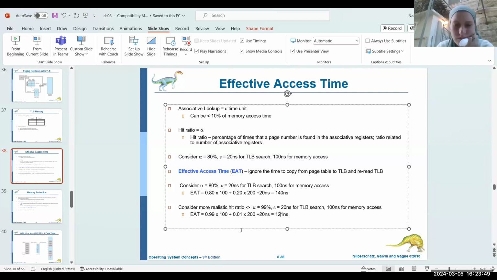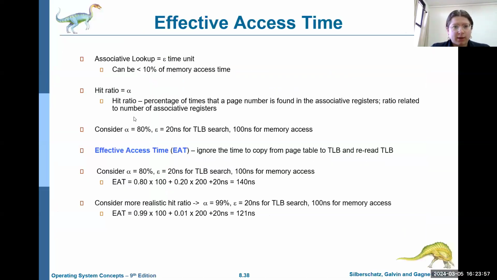Why is it times 200 for the miss? Don't we go through the TLB once or twice? Not the memory, this is the TLB. The TLB is this 20 nanoseconds at the end. So shouldn't it be 80% times once the TLB and then 20% times twice? No, 100% at the TLB. 100% of the time I look at the TLB, I don't always stop there. In other words, there's two scenarios.